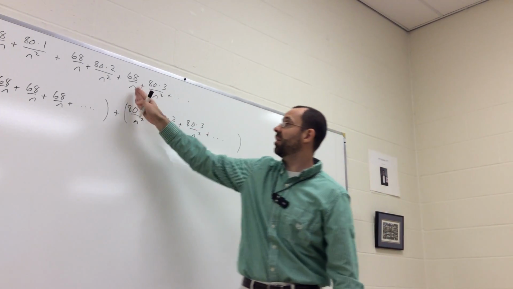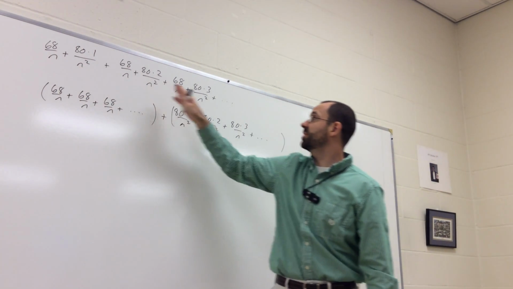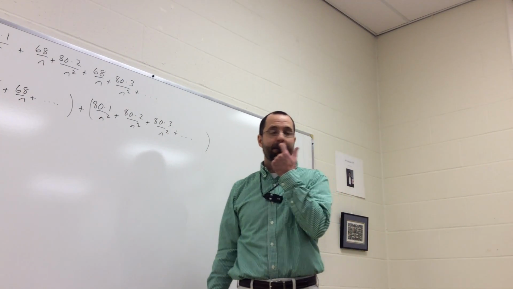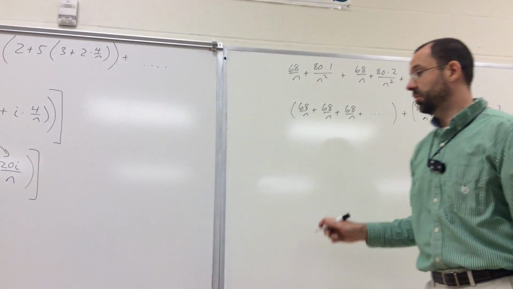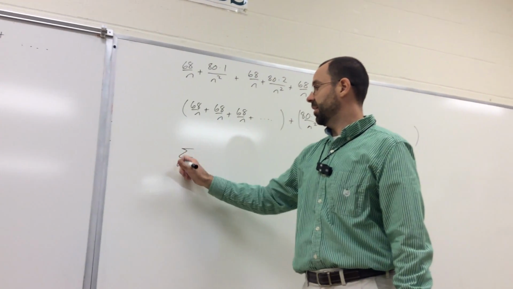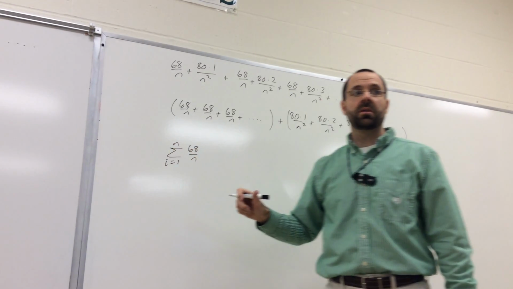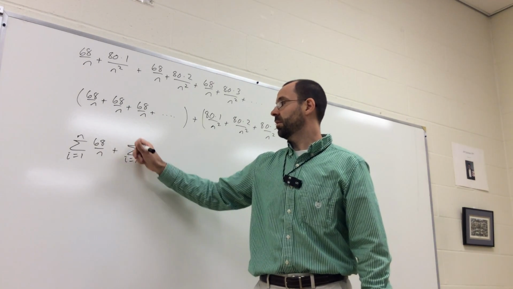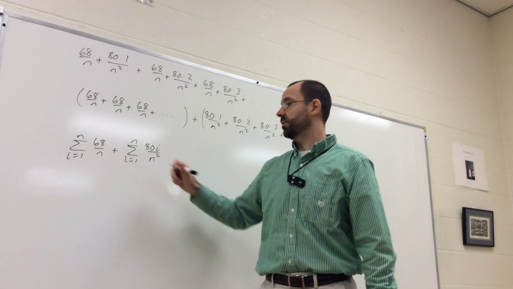So I'm saying just pick off these 68 over n's, group those all together, then pick off all these second terms and group all those together. So that means I can turn this into adding up the 68 over n's first, and then later adding up the 80i over n squareds.